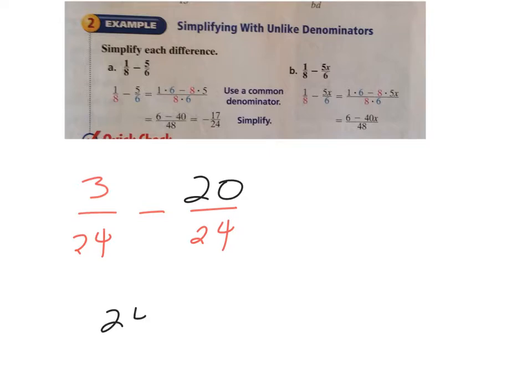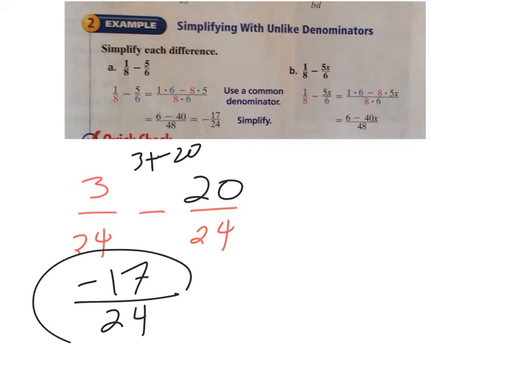Now we have a common denominator of 24. 3 minus 20, that's like 3 plus a negative 20, right? Well, you subtract them. The difference is 17. There's more negatives, so negative 17/24ths cannot be reduced.